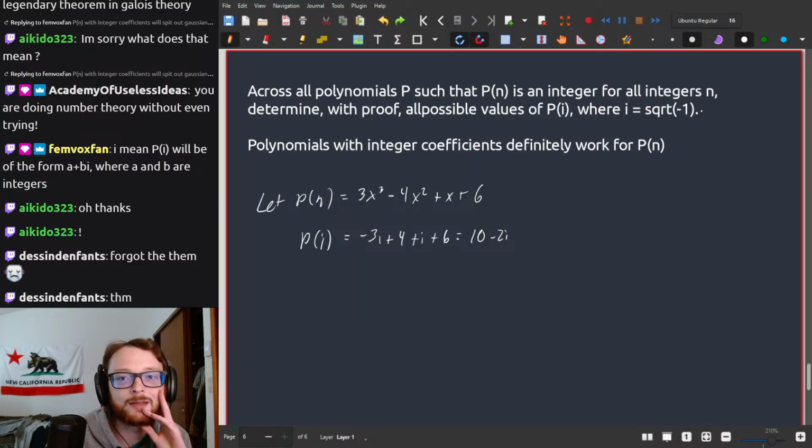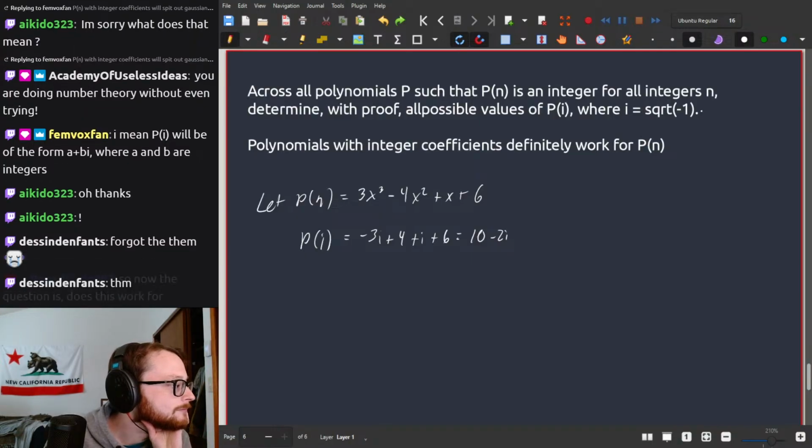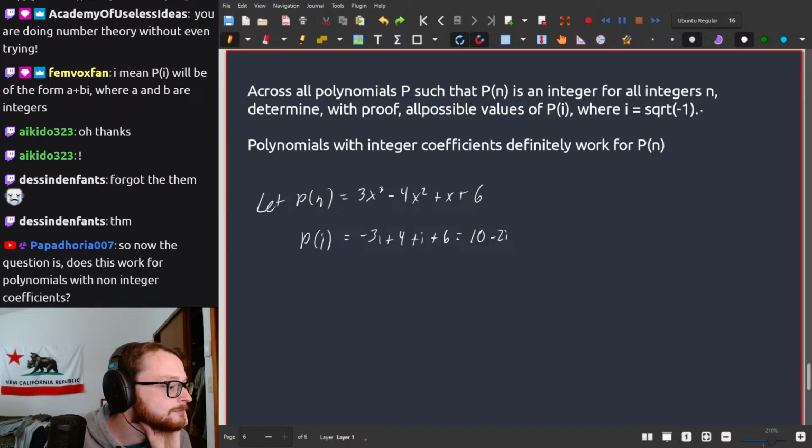Could we get something that's not a Gaussian integer? Could we get something with fractions? Yeah, I guess that's where the question gets hard.